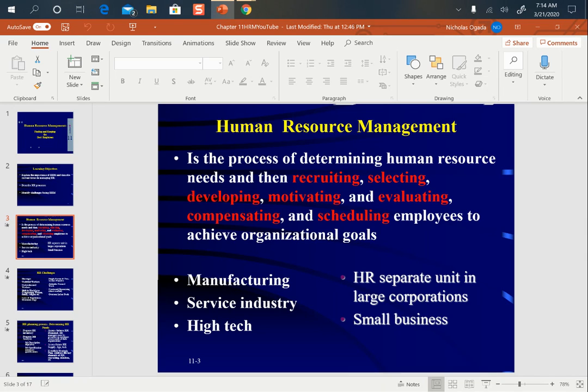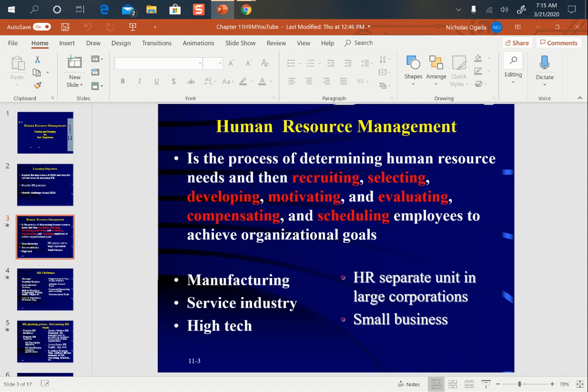Remember, there's a discipline, so it's a process of determining the human resource needs of an organization, and then we undertake recruitment, selection, development, motivation, evaluation, compensation, and scheduling employees so that we can achieve the organizational goals.